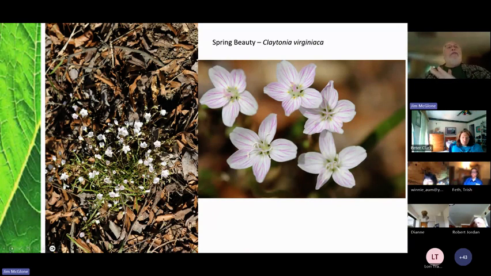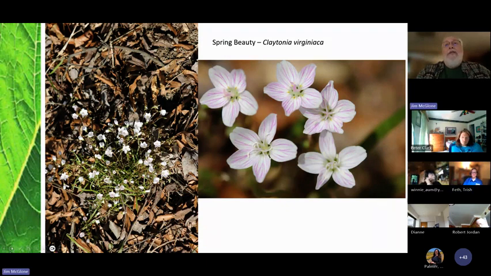So I'm going to rely on something I heard from Sam Droege, who is the director of the USGS Bee Lab and one of the leading Eastern native bee specialists, is that you can have really good honeybee habitat that sucks for native bees.